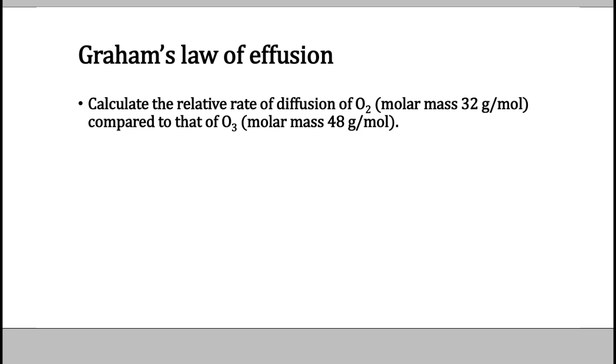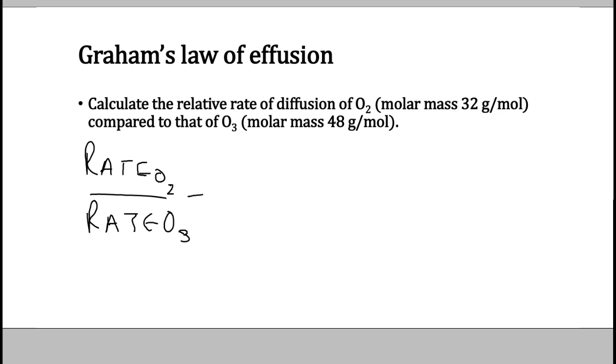So if we know that rate A over rate B, I usually put the one with the smaller molecular weight on top. So I'd put the rate of oxygen over the rate of ozone.